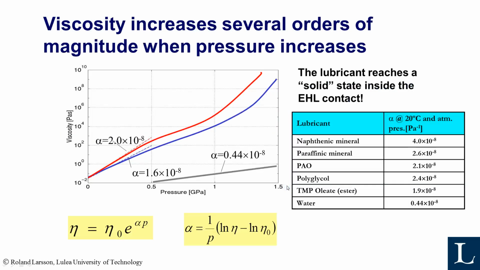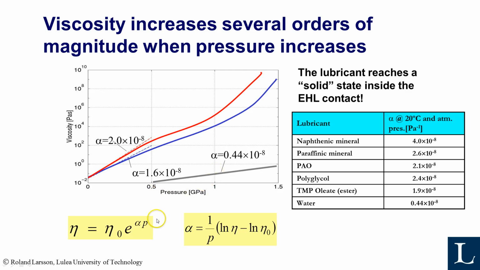Well, the thing is that for an ordinary lubricant or an oil normally, the viscosity increases several orders of magnitude when the pressure increases. This is some kind of schematic diagram showing how the viscosity of an oil increases from maybe 0.02 or something to several orders of magnitude, as I said, millions of pascal seconds at these gigapascal pressures we talk about.